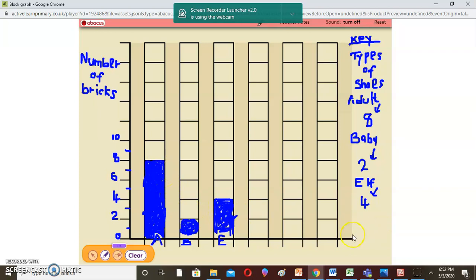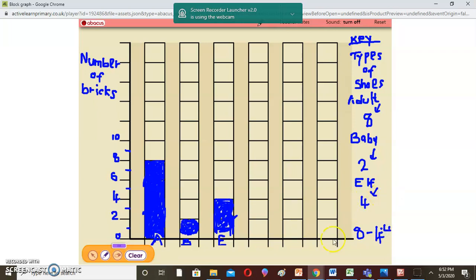The adult weighs 8 kilograms, and then the elf weighs 4. So with how many more kilograms does the adult have than the elf? You're going to take away: 8 take away 4 is 4, which means it's going to be 4 more kilograms than the elf shoes, okay?